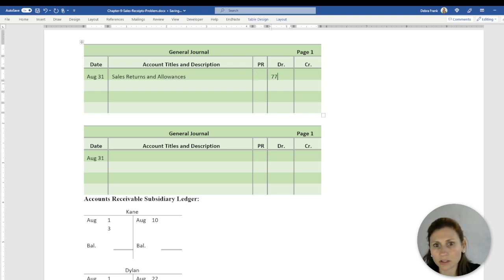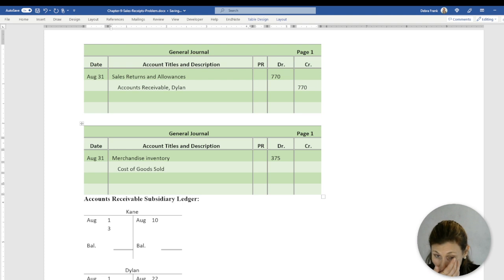That was $770, and that was Dylan. After all this practice, we should be fairly good with these regular types. I'm going to put this merchandise inventory back on the shelves, and that was $375 for the cost of it. And we're going to take away that cost of goods sold, so we're going to decrease that expense account, the cost of goods sold, for $375.